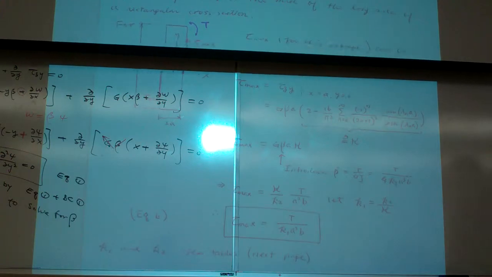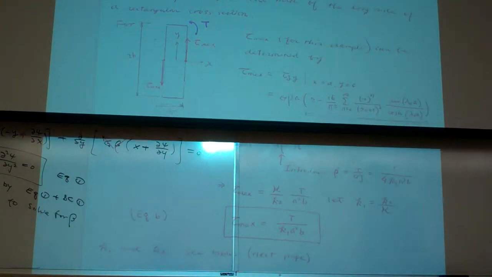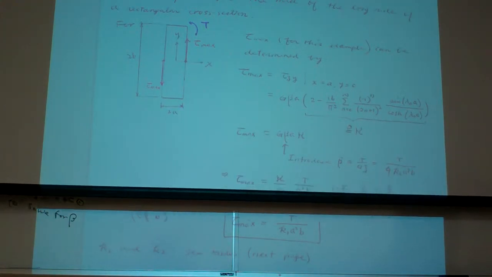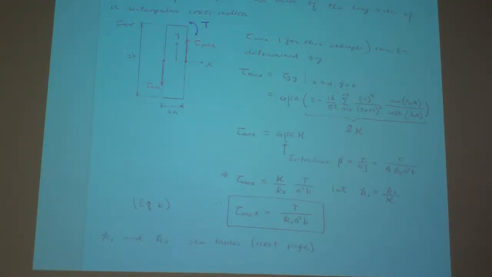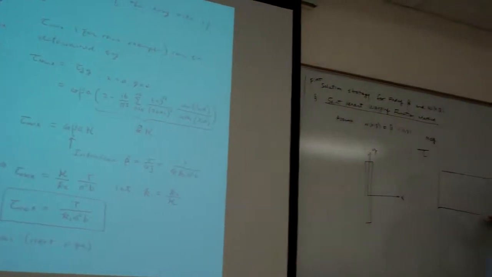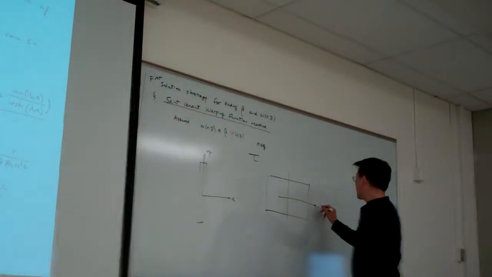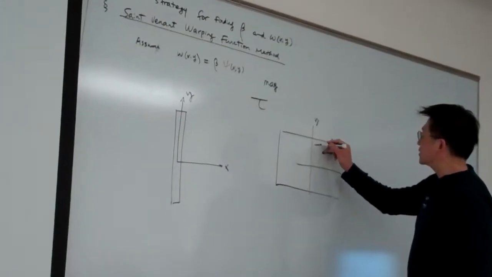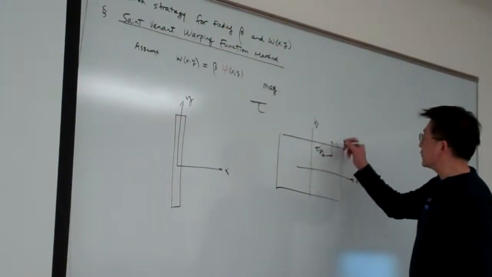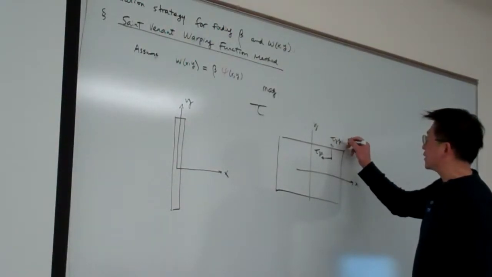Okay, so now we have the stress components. Then I'm going to calculate the magnitude. And the magnitude of the stress basically is given by this. The tau magnitude, because in our plane, for example, this is our xy, and here this is our x component, so tau z plane in x direction, z plane in y direction.